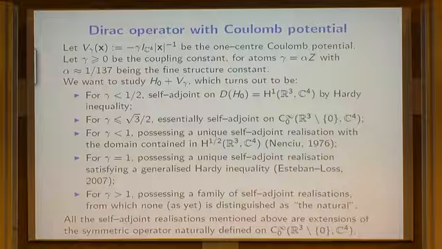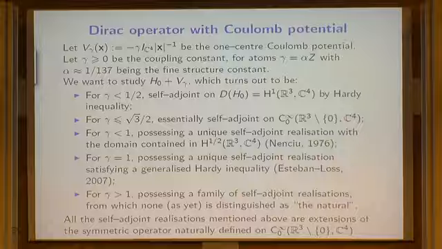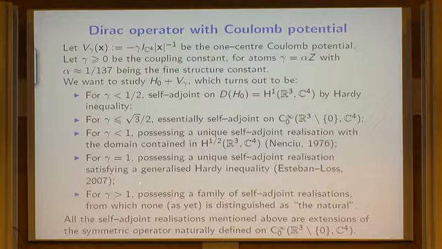More than this, actually, Esteban and Loss in 2007 introduced a philosophy of alternative to this H^{1/2} condition. This H^{1/2} condition is also not the only one you can use to select self-adjoint extensions. There are others, but physically all of them lead to one certain self-adjoint realization. For gamma equal to 1, Esteban and Loss introduced a generalized Hardy inequality, which looks more complicated than the usual Hardy inequality.